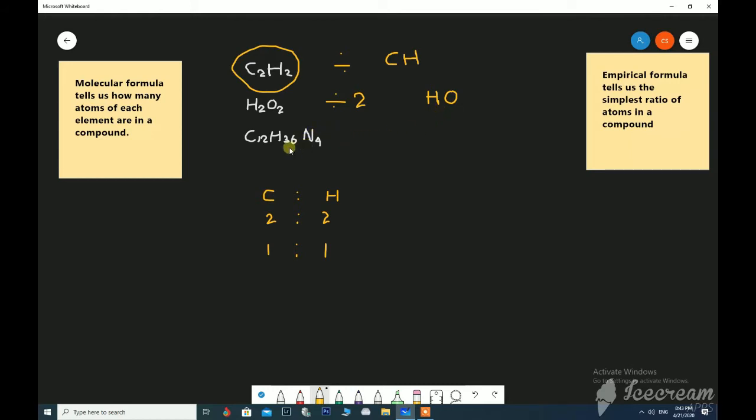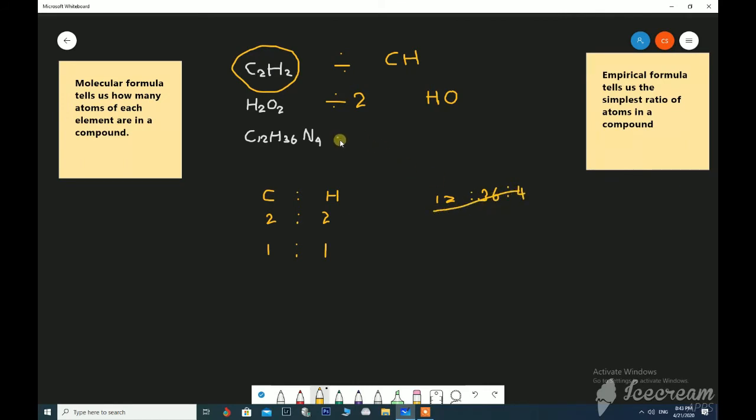Okay, another example. What is the common factor for these 12, 36 and 4? Here we can see all of them are divisible by 4.